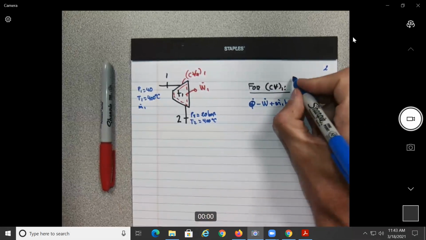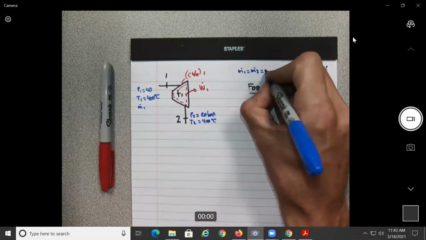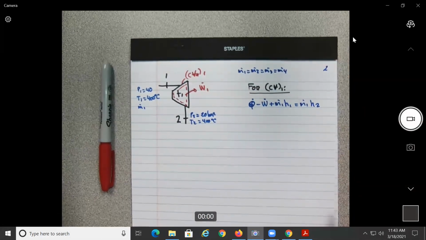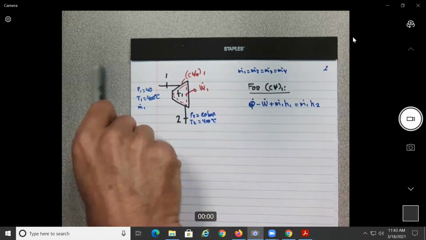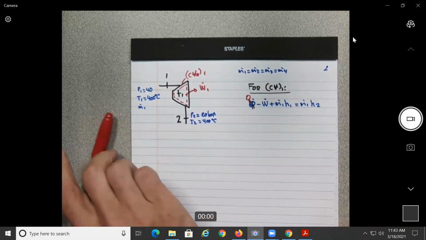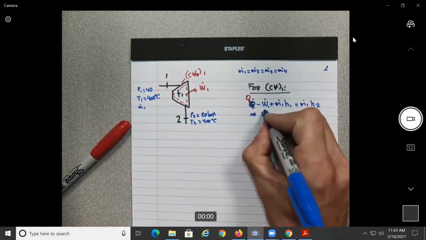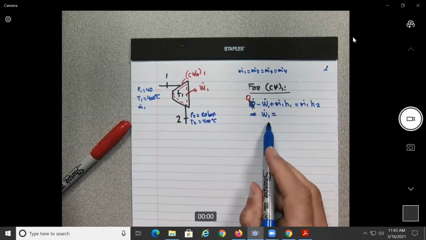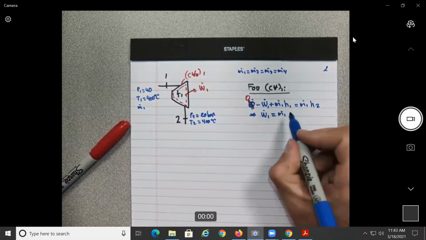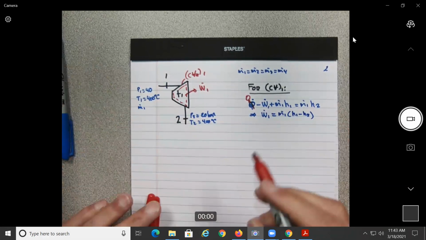So here we have M1 equal M2 equal M3 equal M4, basically, okay? So in this problem, do we have any heat? They said to assume that there is no heat transfer through the turbines. So the power generated by the first turbine will be equal to what? M dot 1 times H1 minus H2.